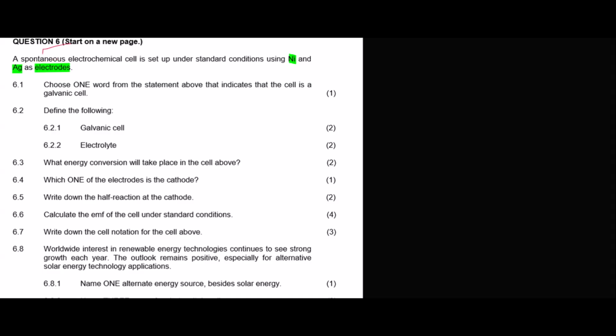It doesn't need a source for this to occur, and this is what we expect of a galvanic cell. The reaction just takes place on its own, and that's spontaneous.